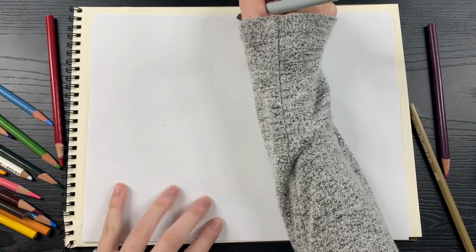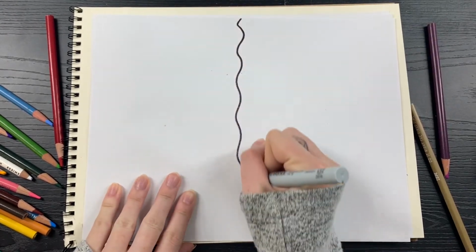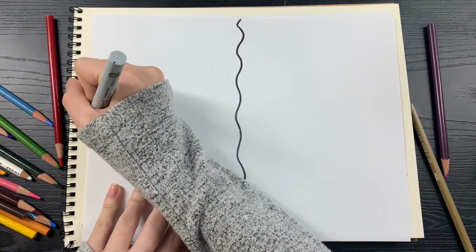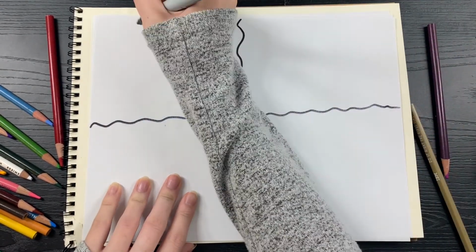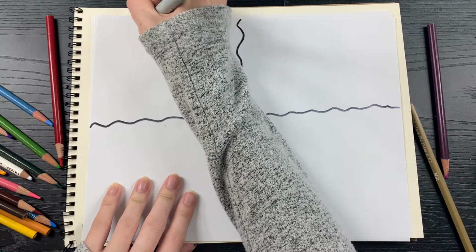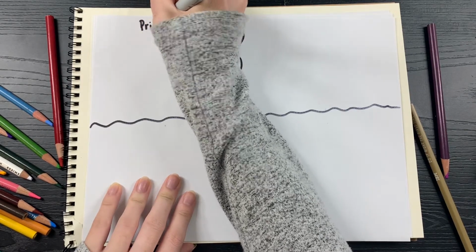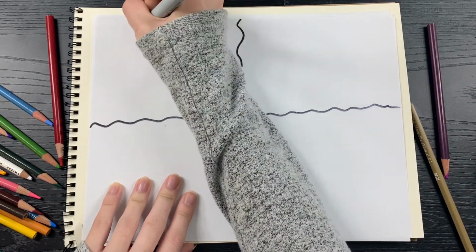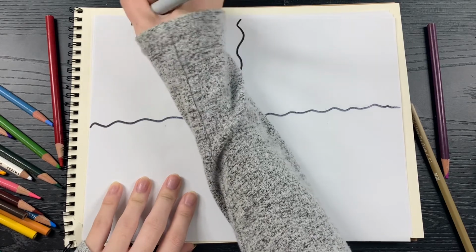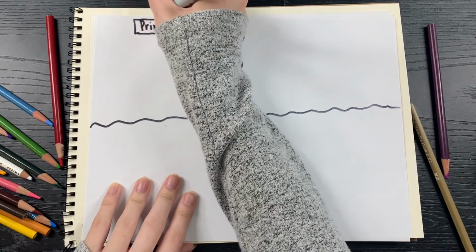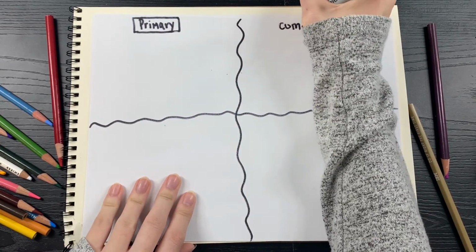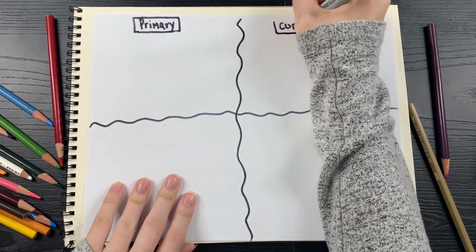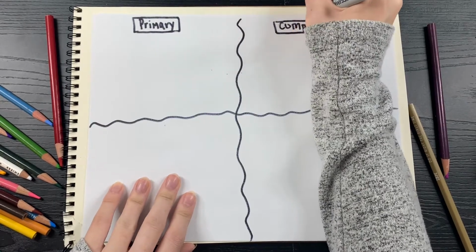So the ways in which we combine our primary and secondary colors are either going to be analogous pairings or complementary pairings. There's a lot of different pairings, but for now we are just going to focus on our complementary and our analogous. So after this video, I would like you to make some sort of chart. It does not need to look like the one I am drawing right now.